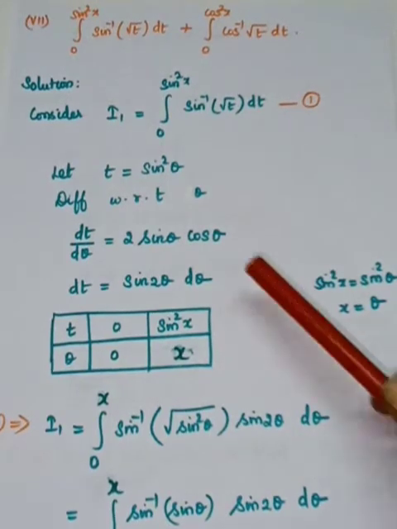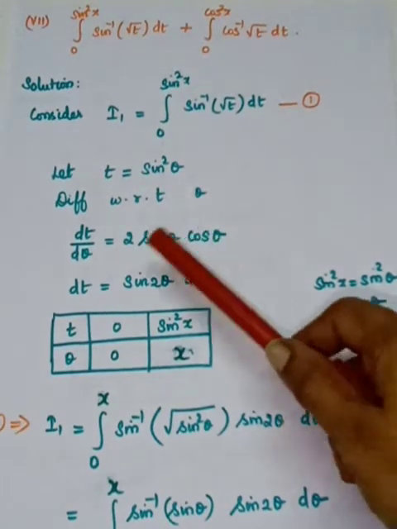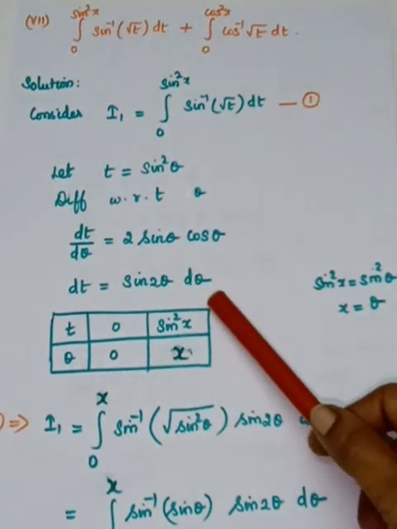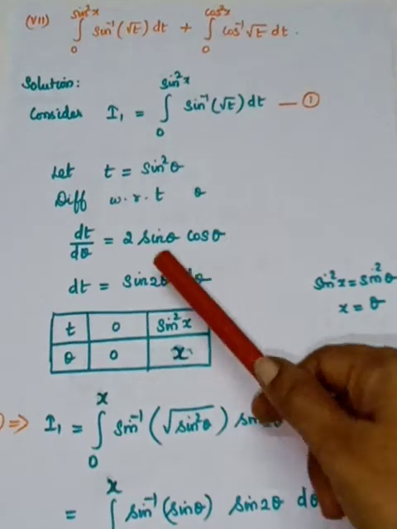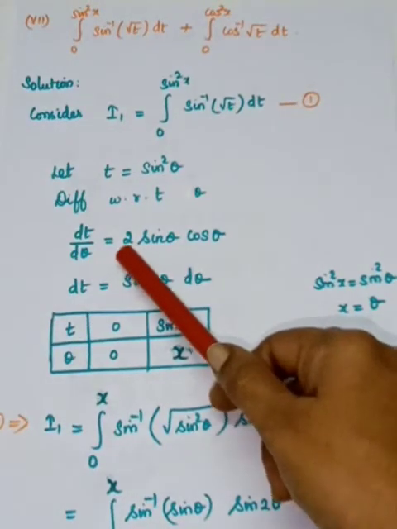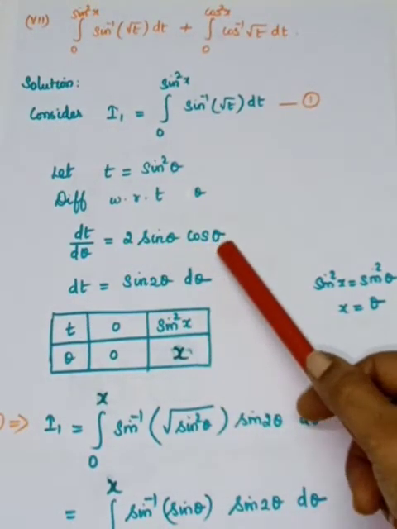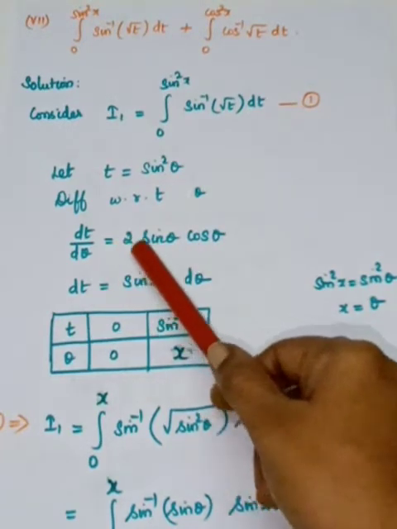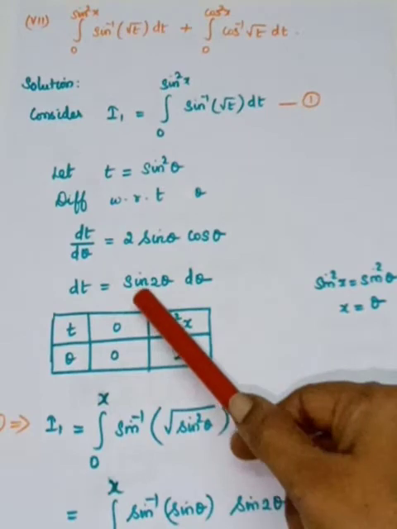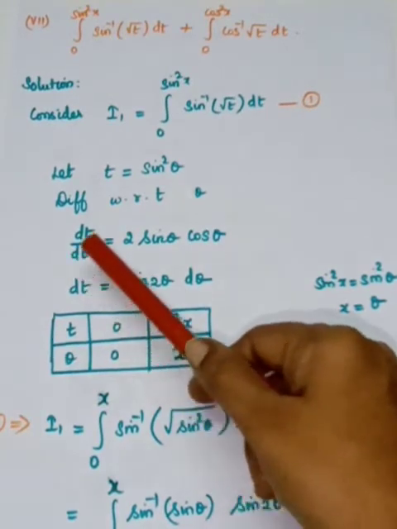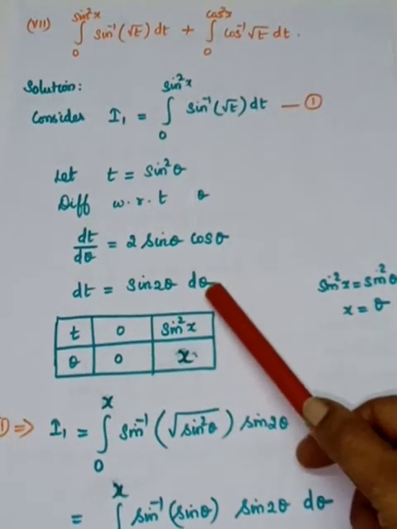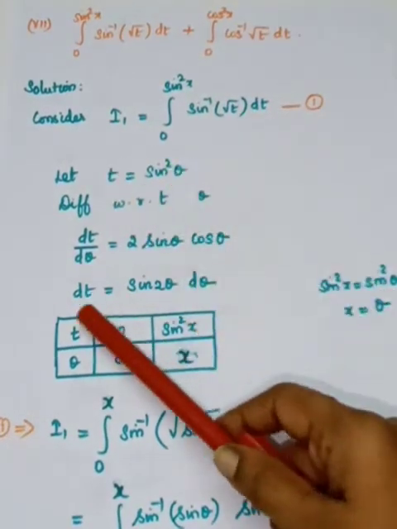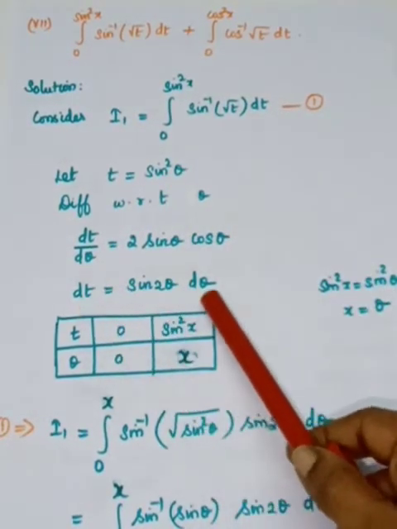So the differentiation of sine theta is cos theta. So d theta is in the denominator; when you take it to the right side, it will be in multiplication. You know very well the trigonometric identity, 2 sine theta cos theta, that is the double angle identity, sine 2 theta. So dt is equal to sine 2 theta into d theta. So we have written t in terms of theta and dt also in terms of theta.